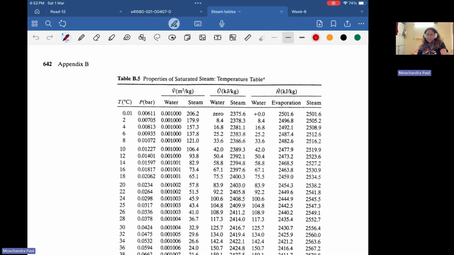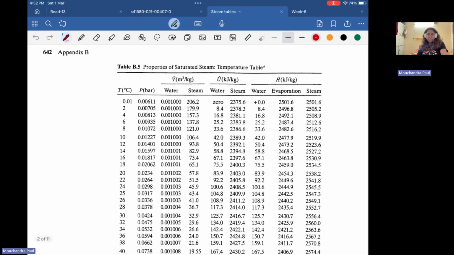Here, the first column is temperature of the steam. Then pressure is given. And for each temperature and pressure, you can get the values of specific volume, specific energy, and specific enthalpy, when there is saturated liquid water and saturated steam.